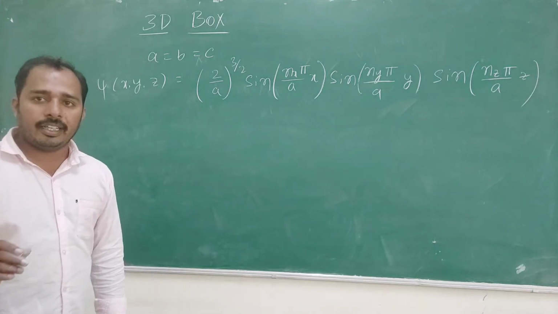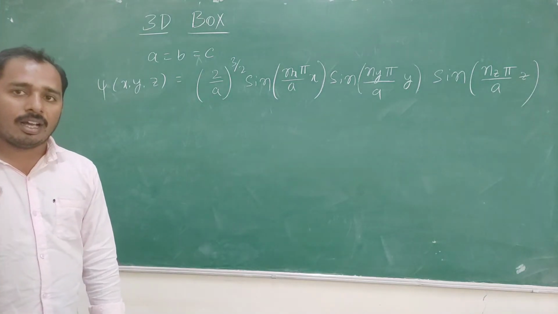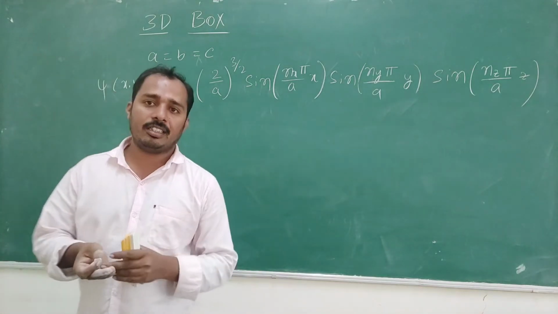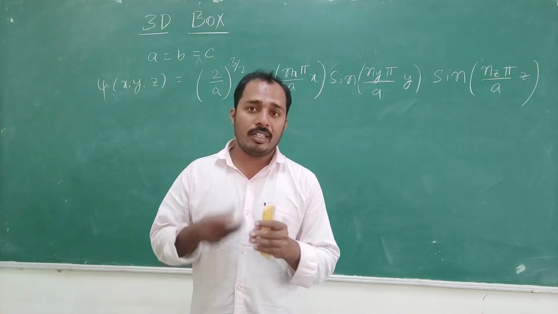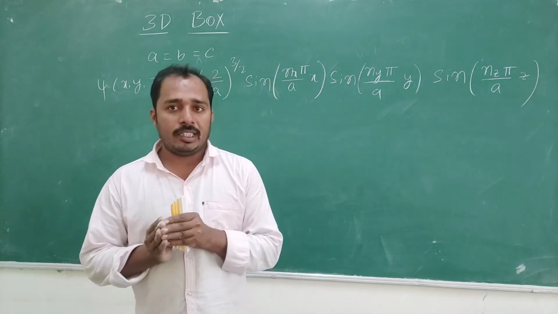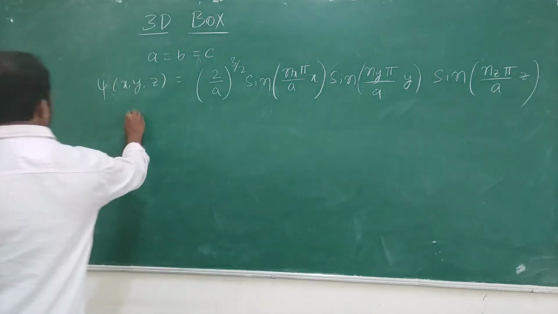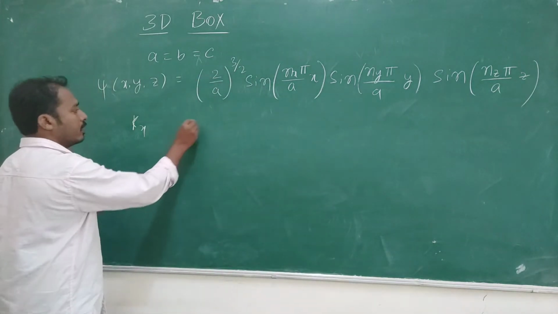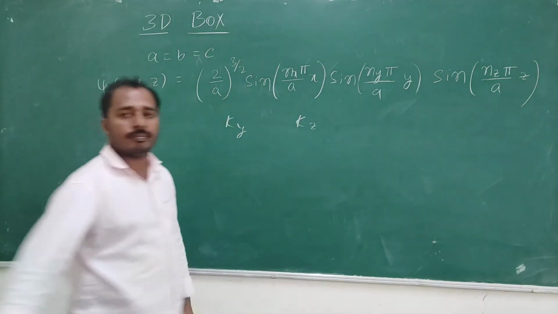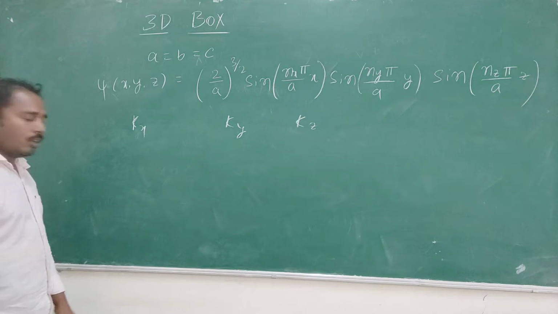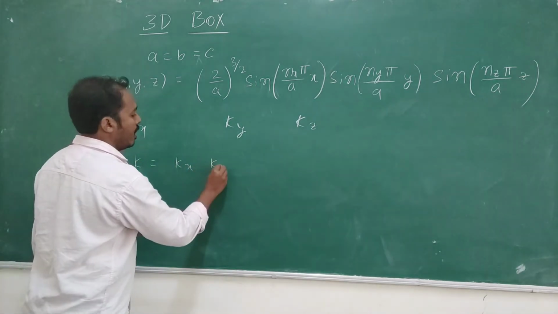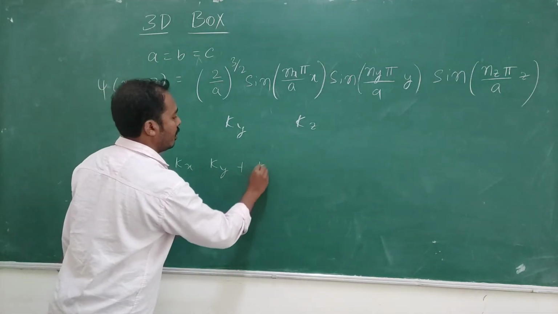In the previous class, for solving the Schrodinger time-independent equation, we used some constants like k_x, k_y, and k_z.